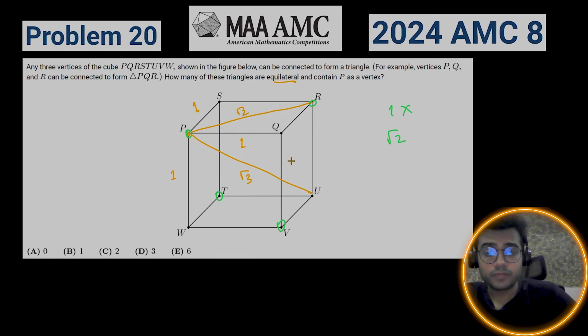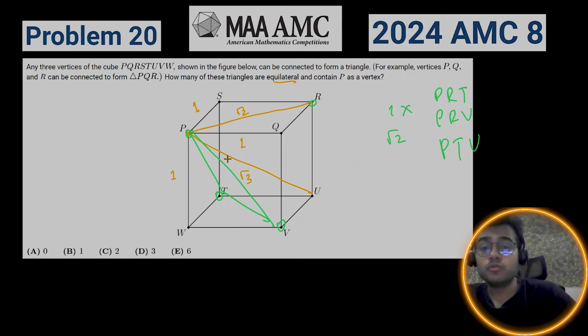And then so we have P R T, P R V, and there is another one in which we don't have an R. We have P, T, and V. So those are the only three possibilities we have with the side length of square root of 2. Now, there's only one point that is square root of 3 away from you. So if we choose any other point, it cannot be square root of 3 away.